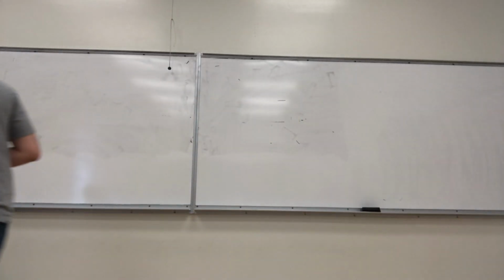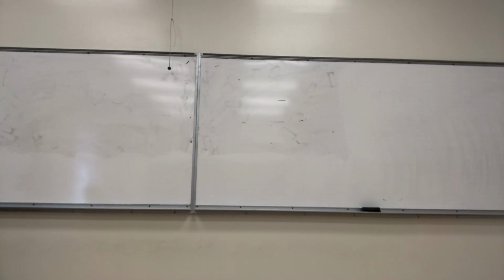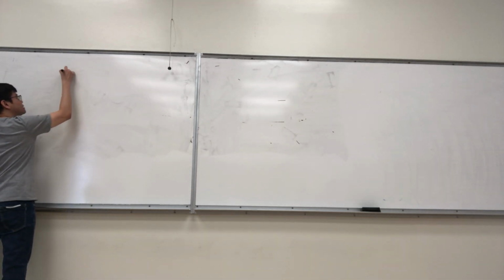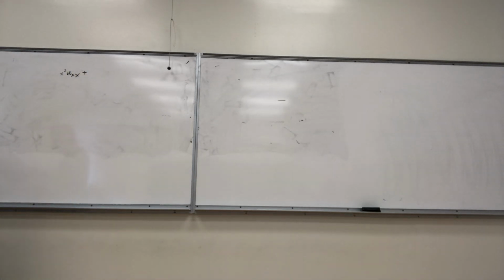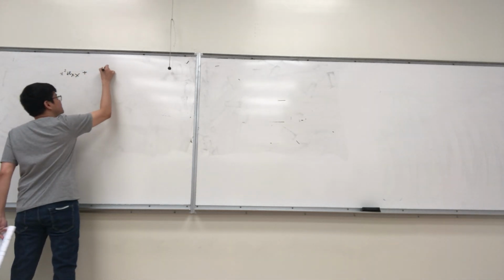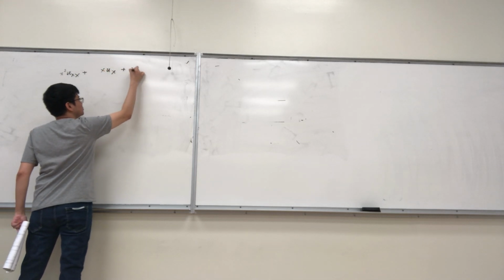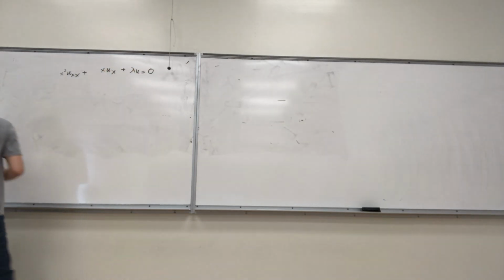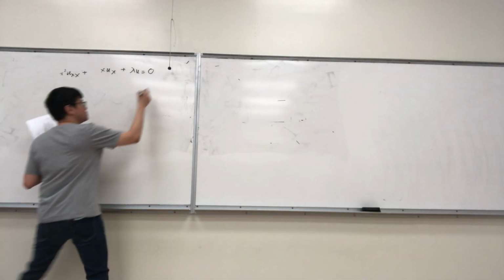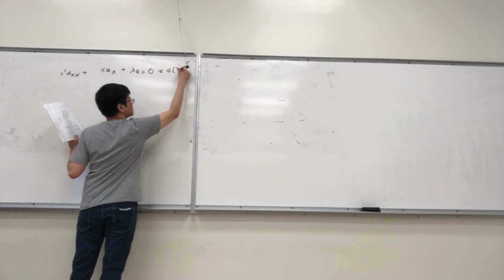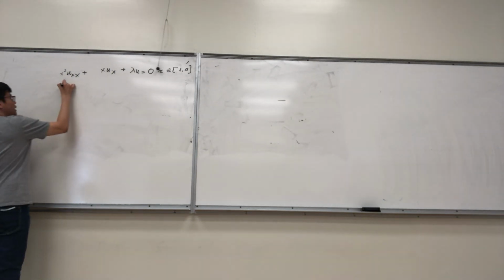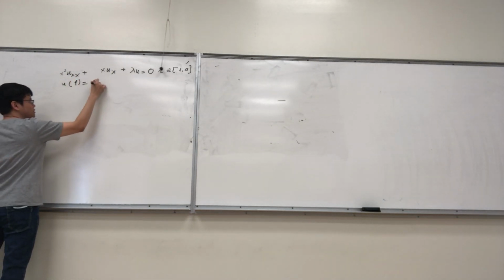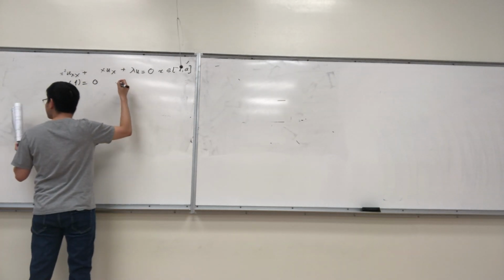So let us start our lecture today. Last time we were trying to solve the following equation. We have x squared uxx plus x ux plus lambda u is 0 on x belongs to (1, a), and you want to have Dirichlet boundary conditions at 1 and at a.